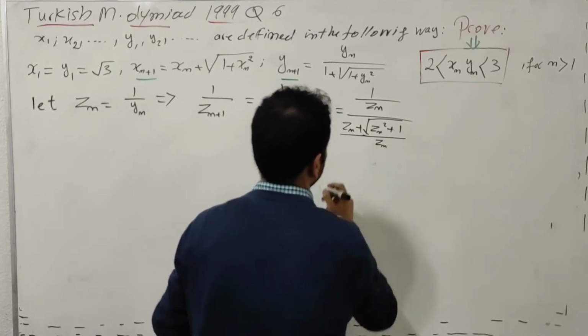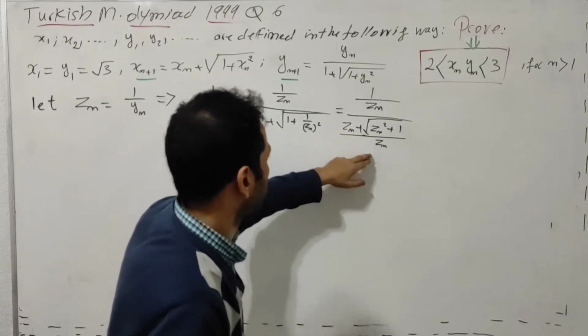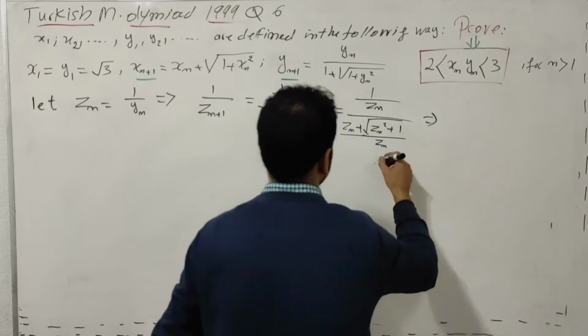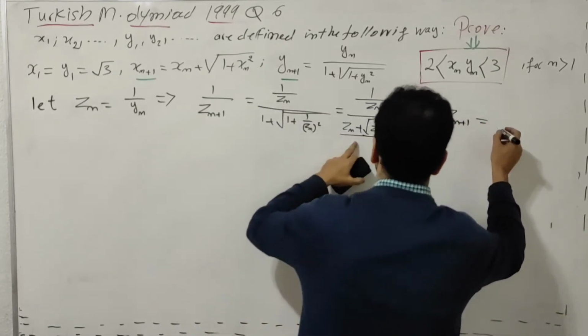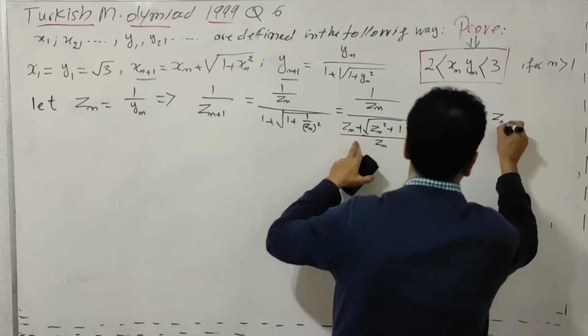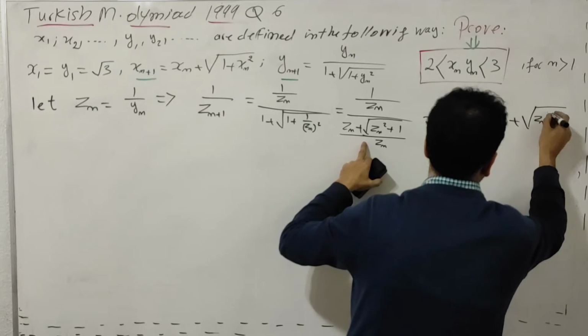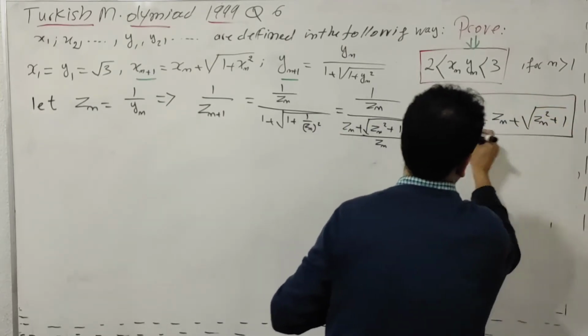The whole thing is divided by zn. By taking the reciprocal, I will have z sub n plus 1 equal to zn plus square root of zn squared plus 1. After simplifying, we find this.